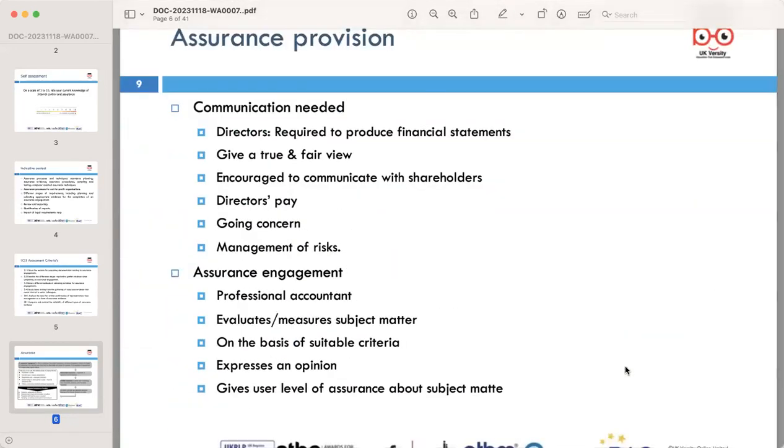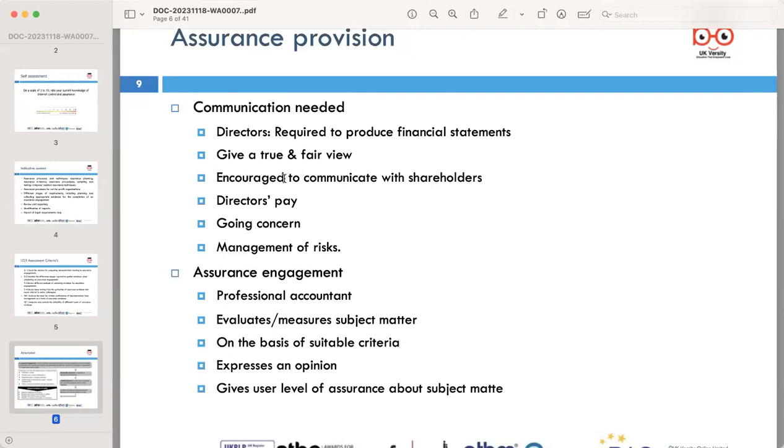Assurance provision, communication needed, and assurance engagement. Assurance is all about making sure things are transparent and accurate. Especially when it comes to financial matters, communication is key. So when we talk about assurance provision, it involves communication by directors. The people in charge have a responsibility. They need to produce financial statements. These statements should not just be any statements. They should give a true and fair view of what's going on.